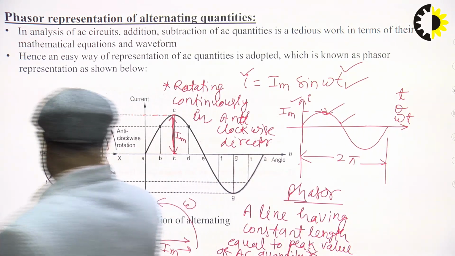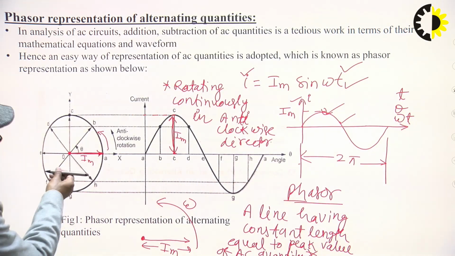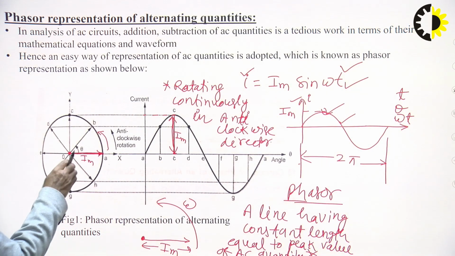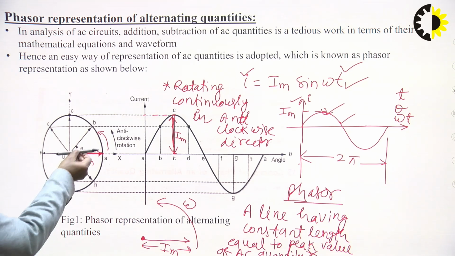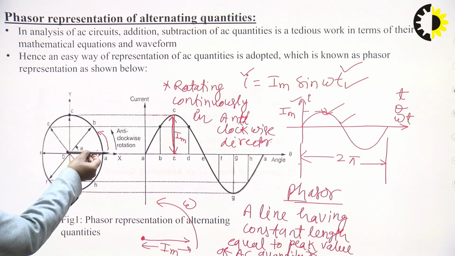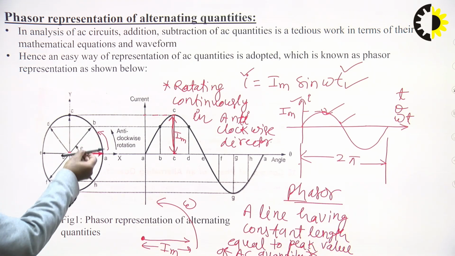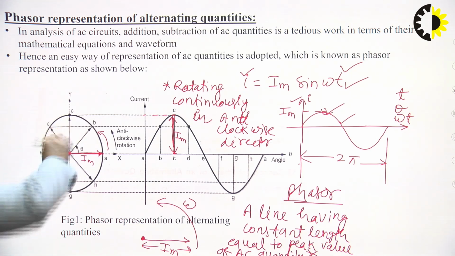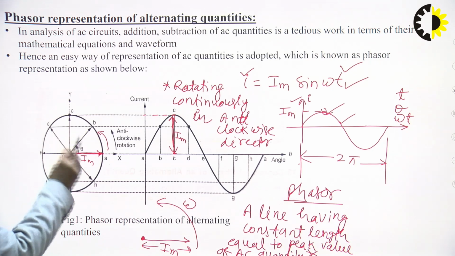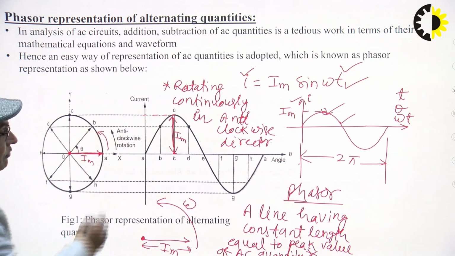Now you can see that when you observe the projection of this line on the y-axis, this line rotating continuously in the anti-clockwise direction will exactly represent this waveform.